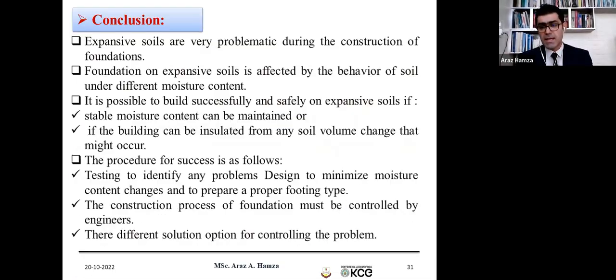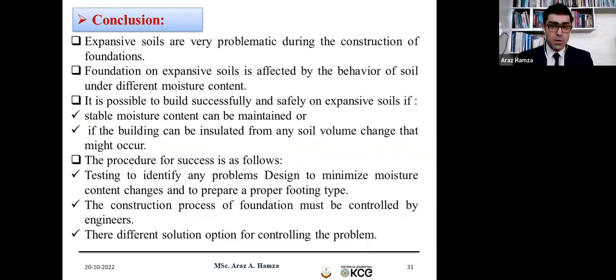That's the end of my presentation, and in conclusion I would like to recap some main points regarding the subject. The main point and outcome of this subject is that expansive soils are very problematic during the construction of foundations. This is a very simple sentence, but it's very valuable for engineers to think about.